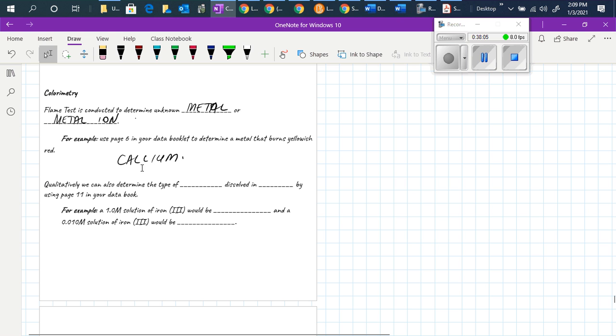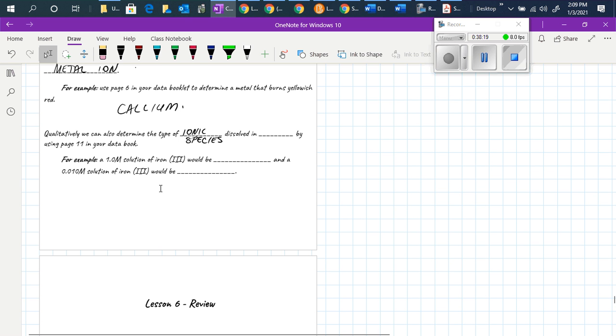Qualitatively, we can determine the type of ionic species dissolved in a solution by using the information on page 11.